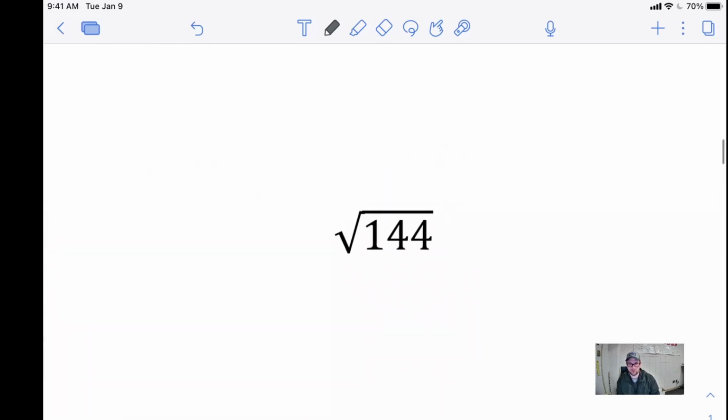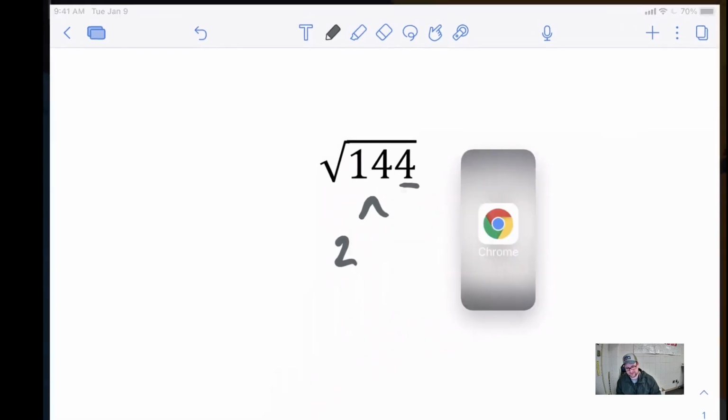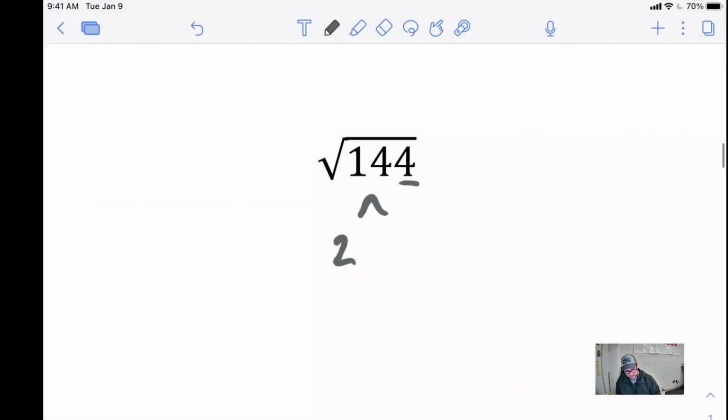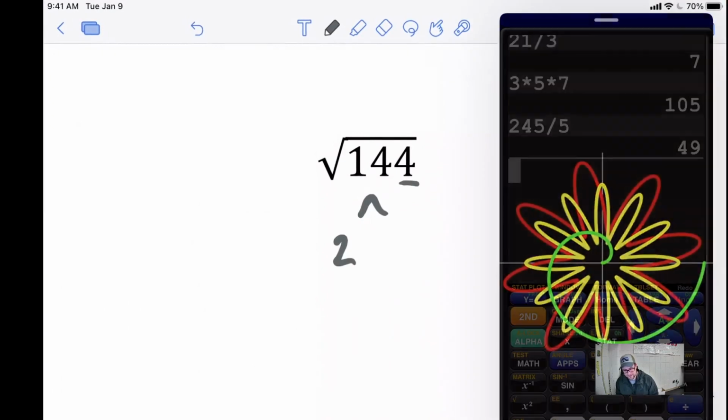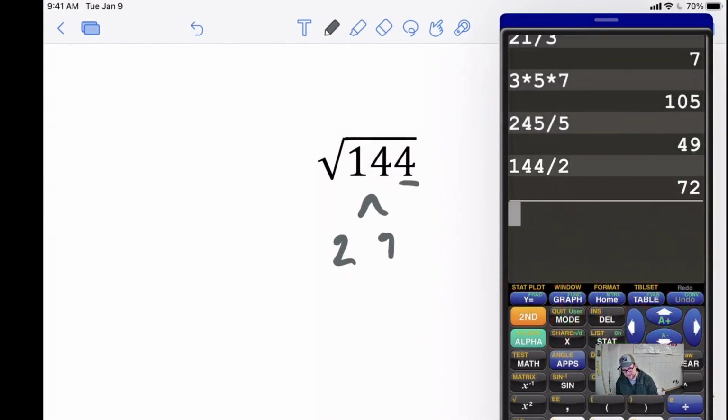Let's talk about 144 for a second. This one's going to be a little special. So when you come over here to 144, since it's an even number at the end, I know 2 is going to go in. So let's see how many times 2 goes in. Hold on. I want my calculator. So if I take 144 and I divide that by 2, I'm going to get 72.